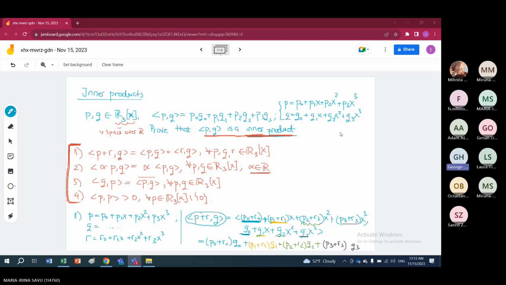I have a question. This may be stupid, but where did the x's go? We have x to the power of 2, x to the power of 3, and then they just disappeared. I don't really understand why. They disappear because this is the definition. If I define this function in this way, this function will satisfy all these four properties, so it will be an inner product.